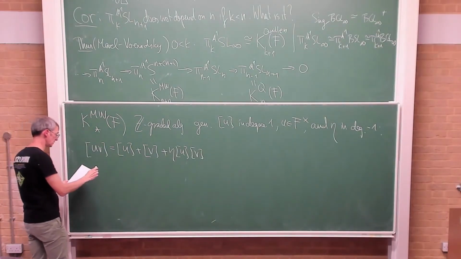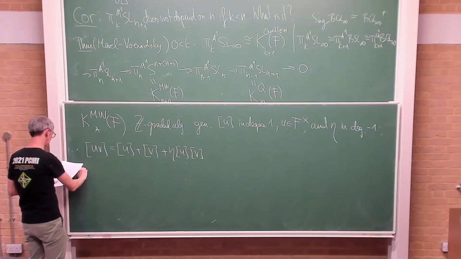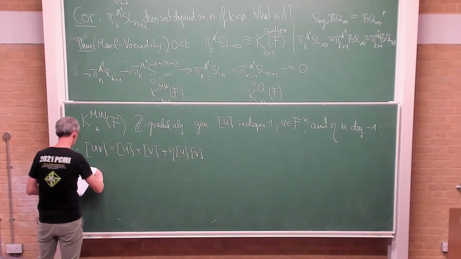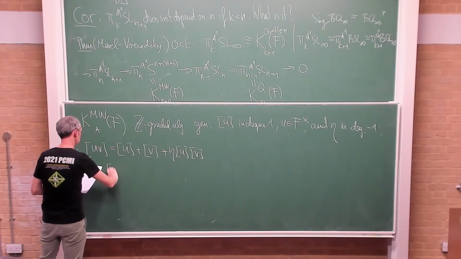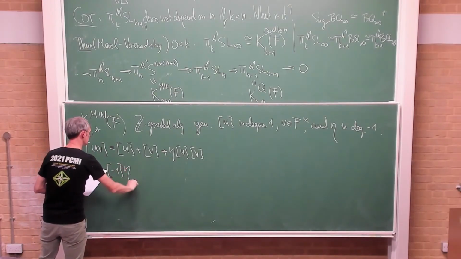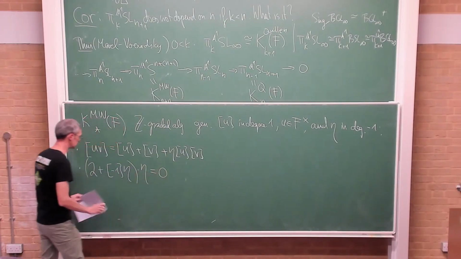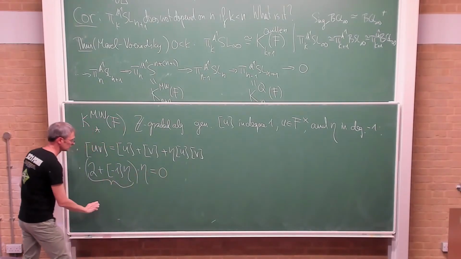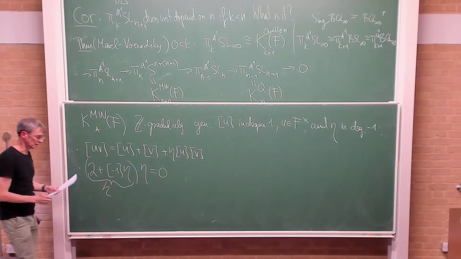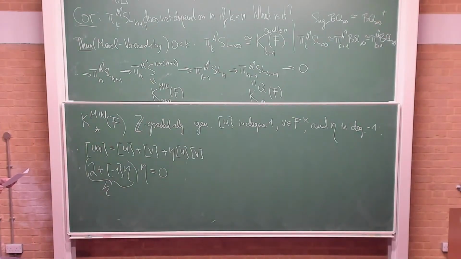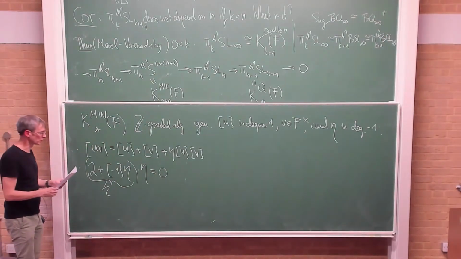And then there's a hyperbolic plane relation. So 2 plus minus 1 times eta times eta is 0. And this here is usually abbreviated as H, standing for the hyperbolic plane.